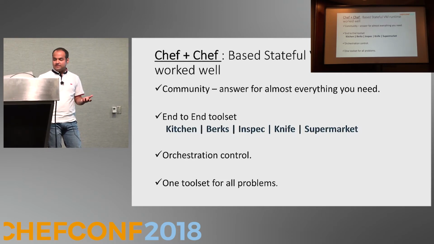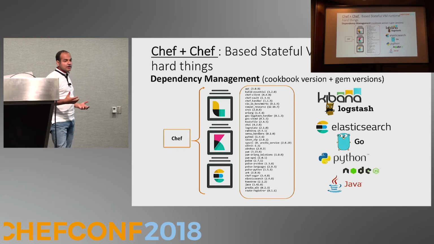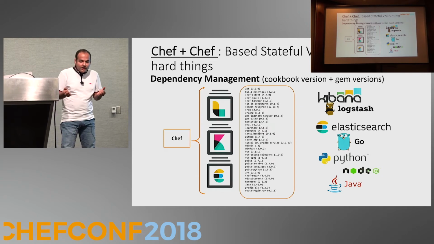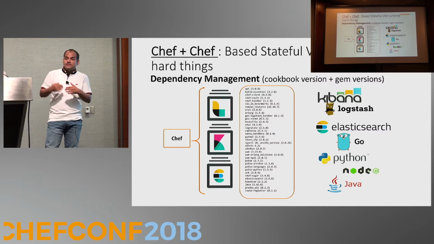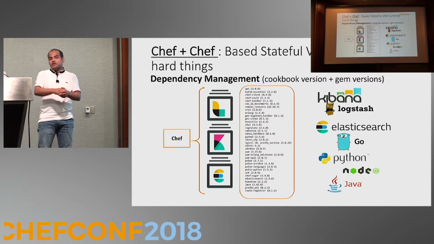But as I said, few things worked well, few things didn't work well. So what was hard with this system? One of the hardest things is dependency management. When this convergence happens, and you guys are like pro Chef here, you know the compiled cookbook list is sometimes crazy if you do a lot of things.